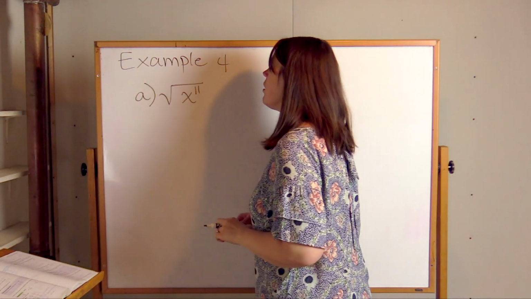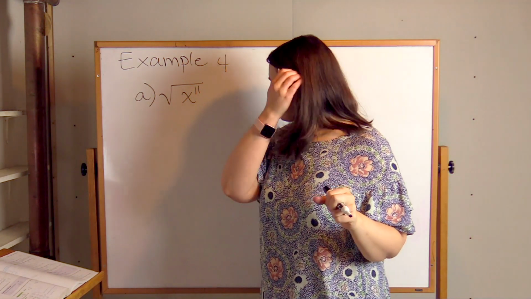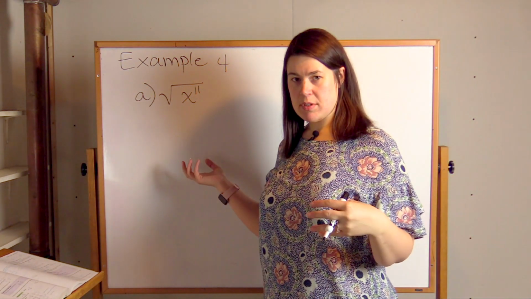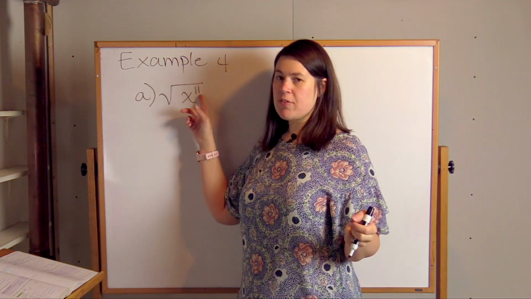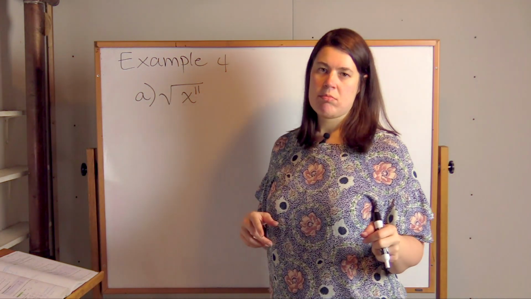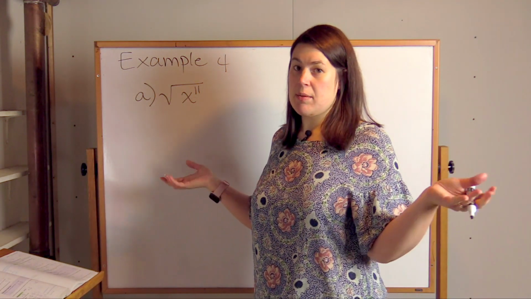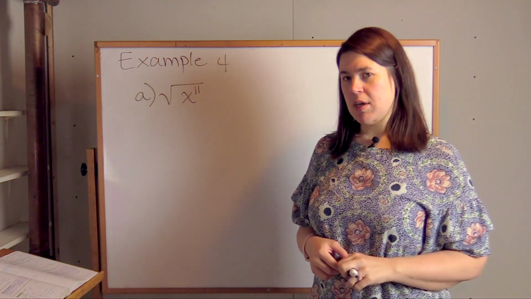The difference here, now that we're throwing variables into the play of not coming out evenly, is that I can't do 11 divided by 2. I get a decimal. You can't have a decimal exponent. So how do you do this?